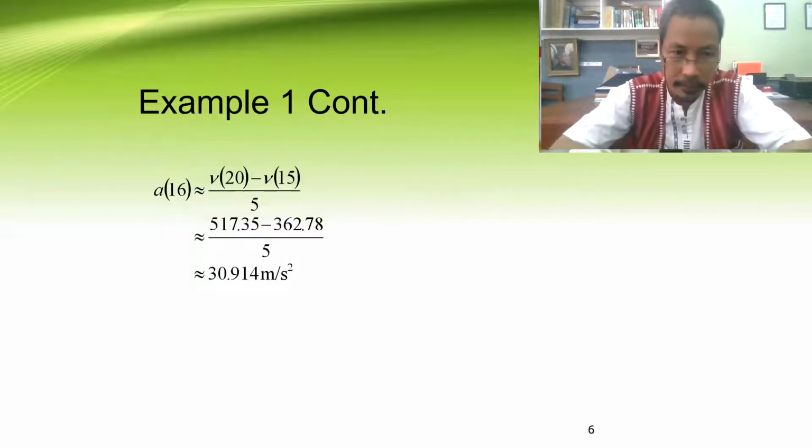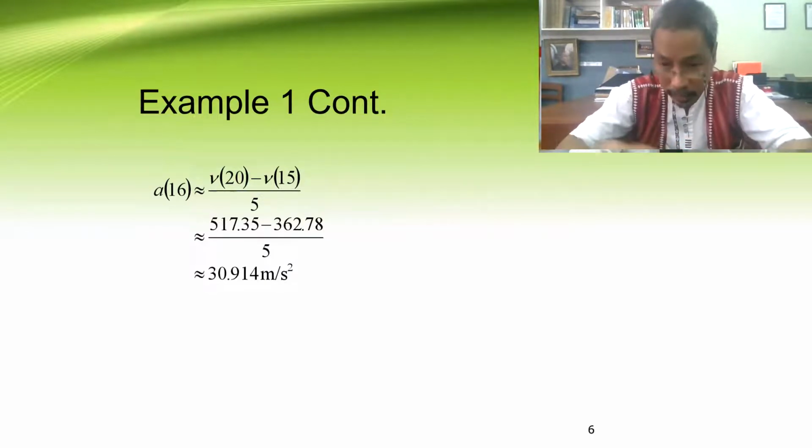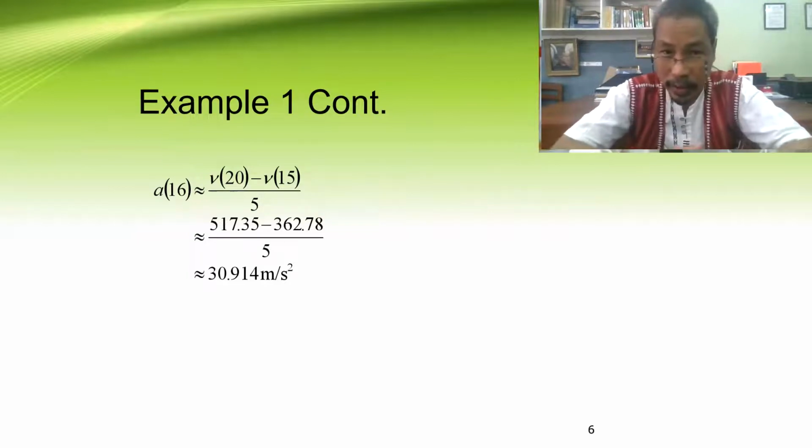So continued. Since we know from the table the velocity at 20 seconds and the velocity at 15 seconds, you have to subtract them from one another and then divide by delta t, which we already calculated to be 5 seconds. So the answer for acceleration at 16 seconds is approximately 30.914.